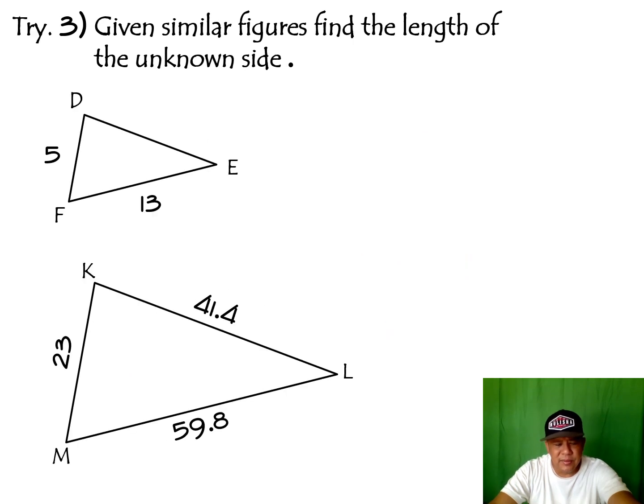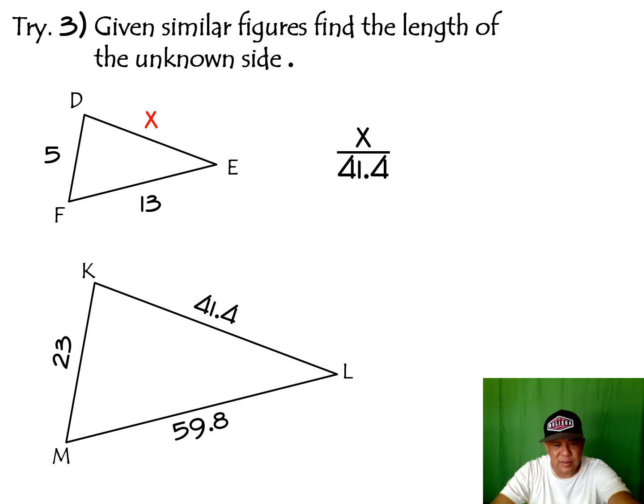So here's number 3. In this case, what is missing? What do we not know? We don't know what DE is, so let's put an X on DE. Now, I'm going to say X is to 41.4, and I can pick any of those. I can say 5 is to 23, or I can say 13 is to 59.8. So you can use any one you want.